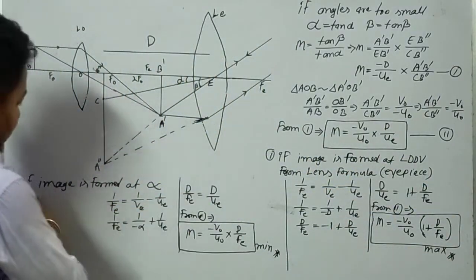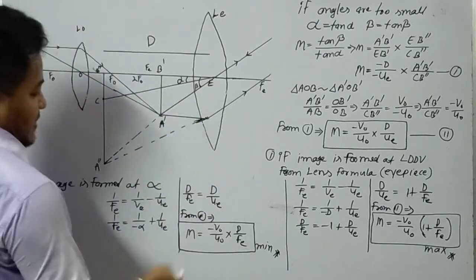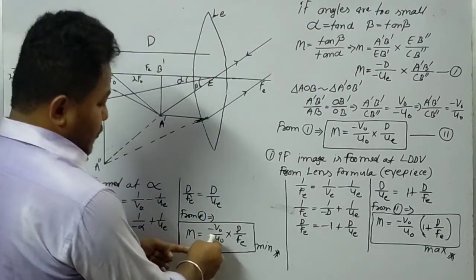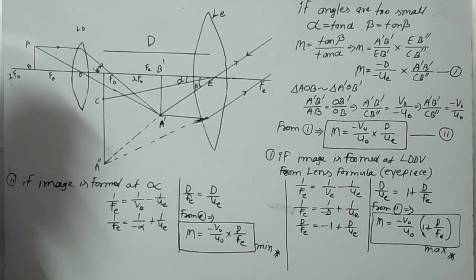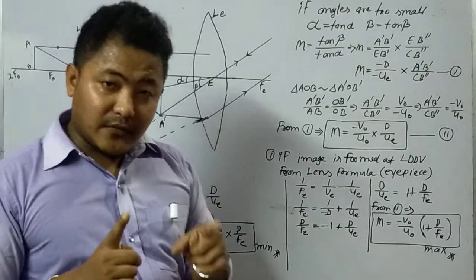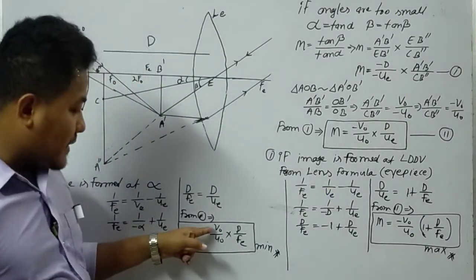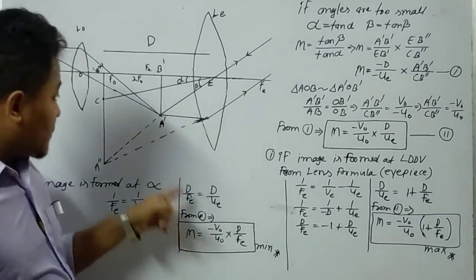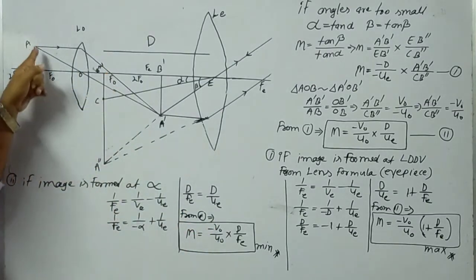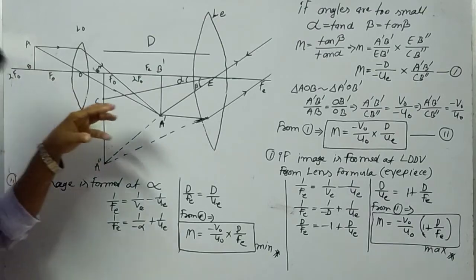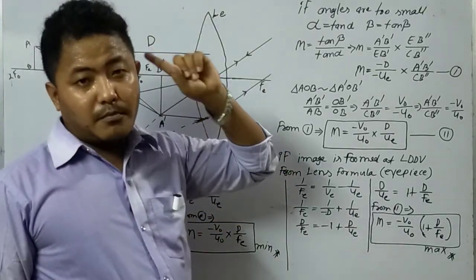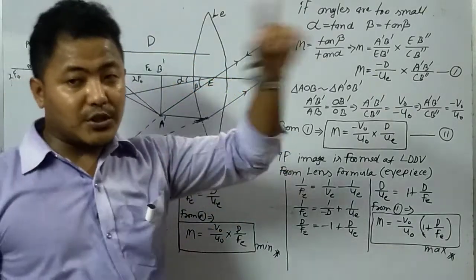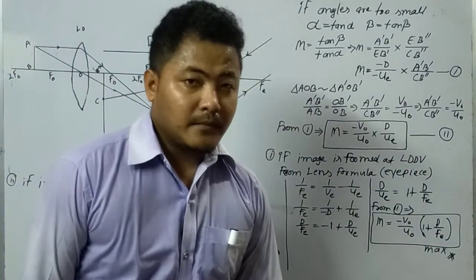Finally, when the image is at infinite distance, M is equal to minus vo/uo into d/Fe. The significance of the minus sign is that the image is inverted with respect to the object. That is why it is minus, but in the case of a simple microscope it was positive, since the image was not inverted.